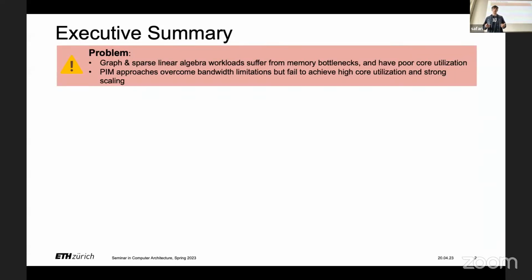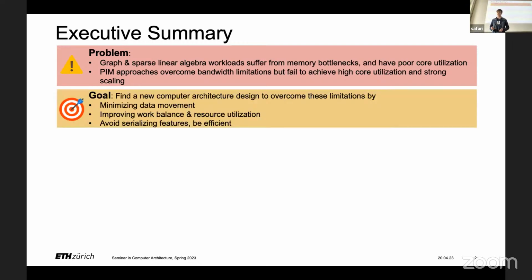So there is a problem that the research team identified. Mainly, it is that graph and sparse linear algebra workloads suffer from memory bottlenecks and have poor core utilization. Other processing-in-memory approaches do overcome these bandwidth limitations, but fail to achieve high core utilization and do not have strong scaling.